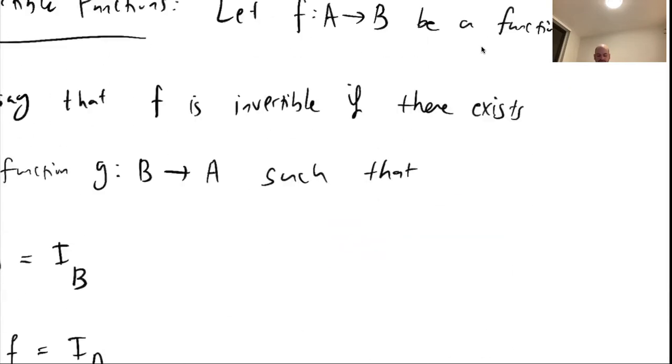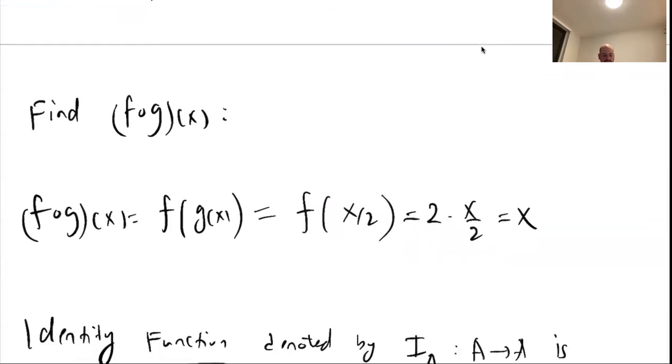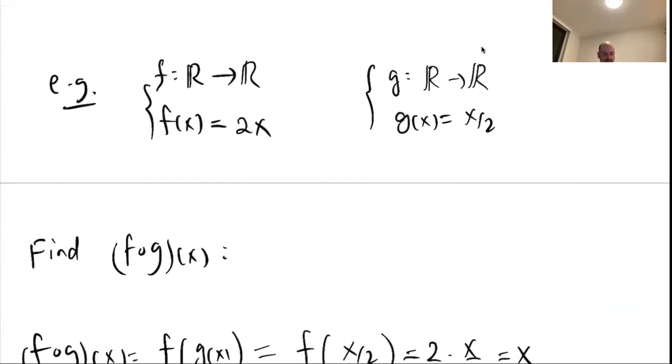So a simple example we can consider was this one: F of x is 2x, G of x is x over 2. We start with an input x, we apply F to it, we get twice that number. For example, if we start with 5, then F of 5 will be 10. But then if we apply G to it, G divides by 2, which is basically undoing what F has done.